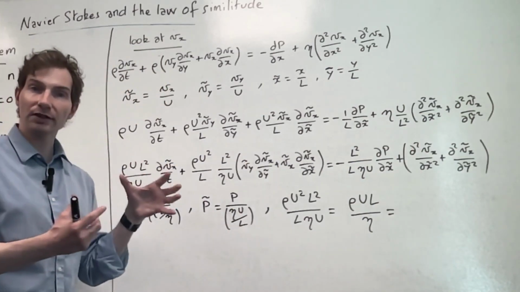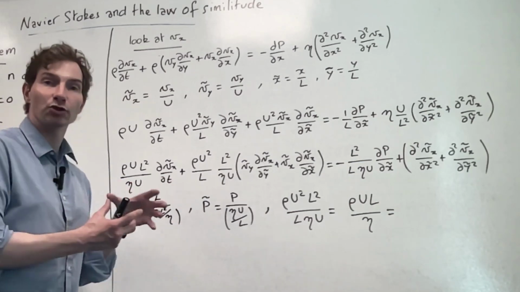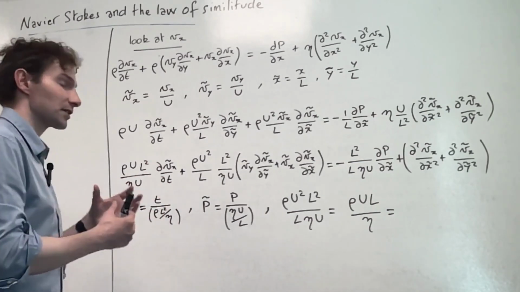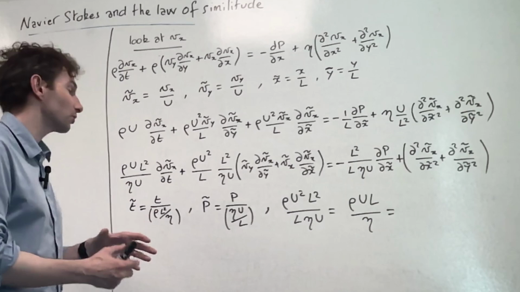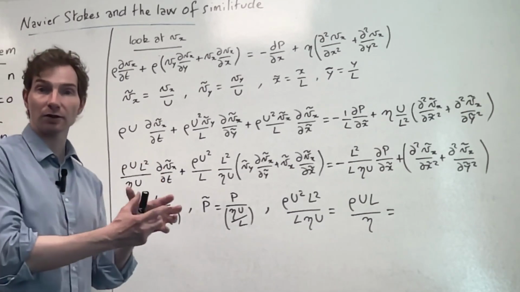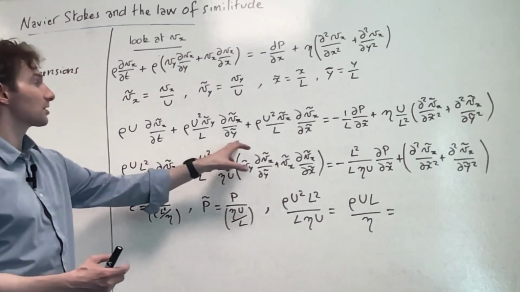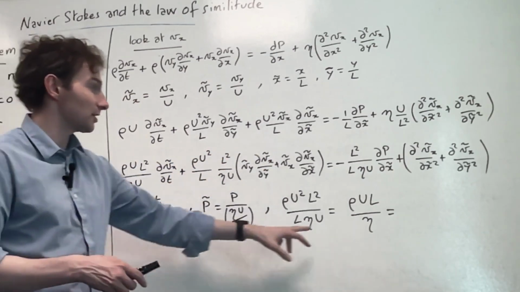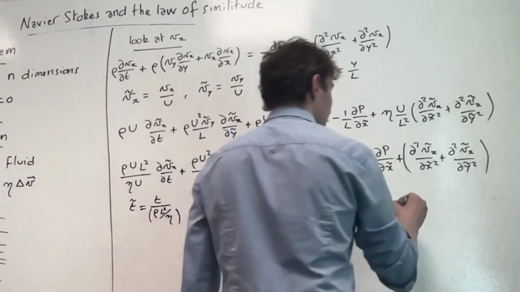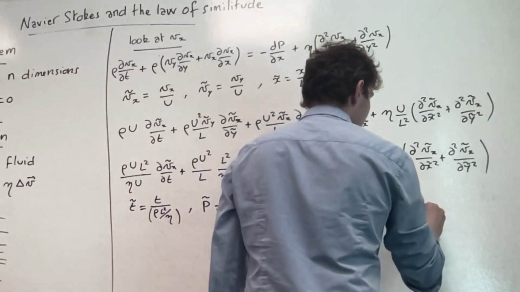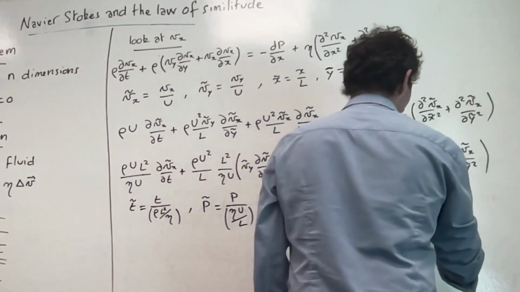And then some aspects that are super important are put together into one final quantity that is going to be in front of this convective term. And this thing is usually denoted Re, and this is called the Reynolds number.